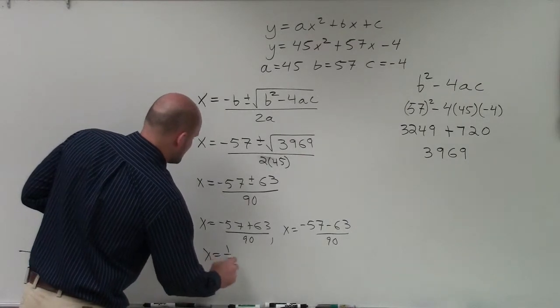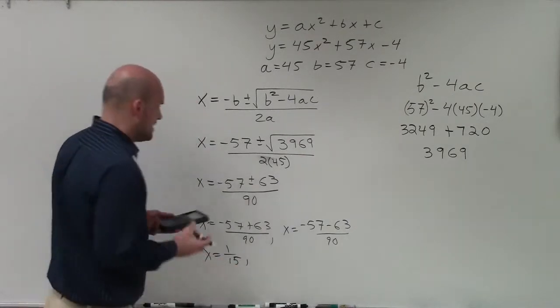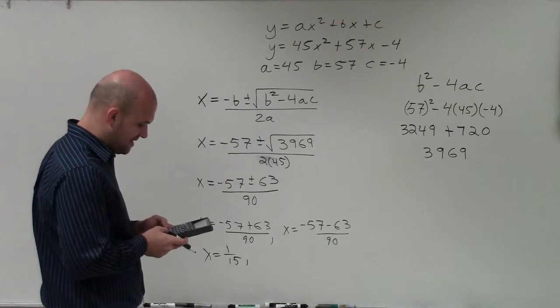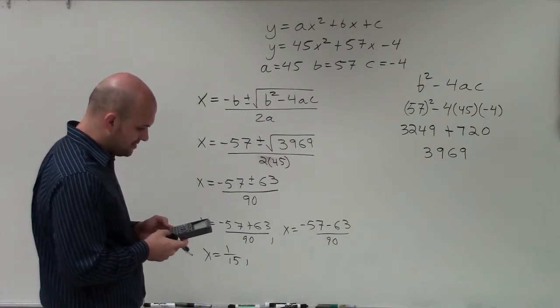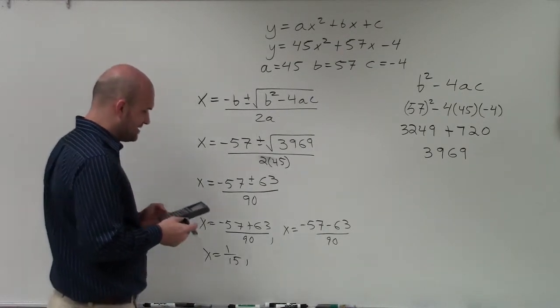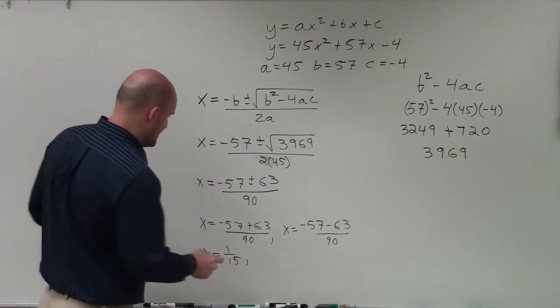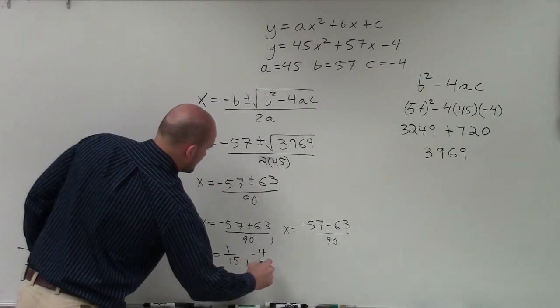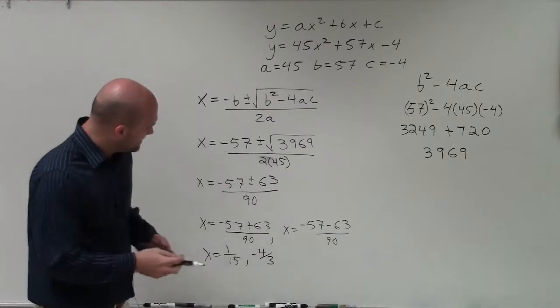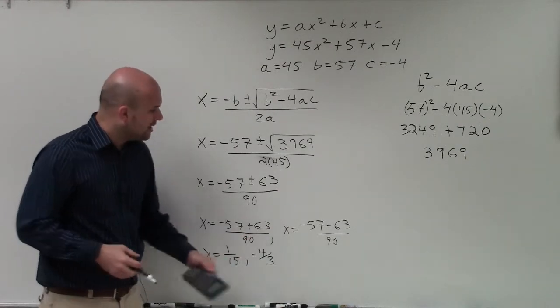So x equals 1/15, and then negative 57 minus 63 divided by 90 is going to be negative 4/3.